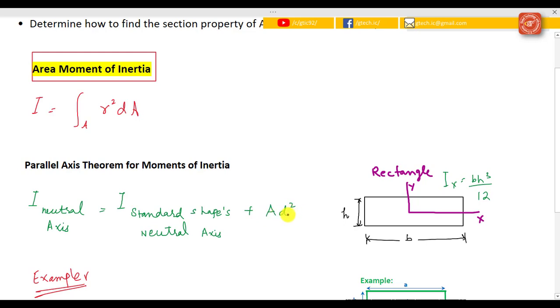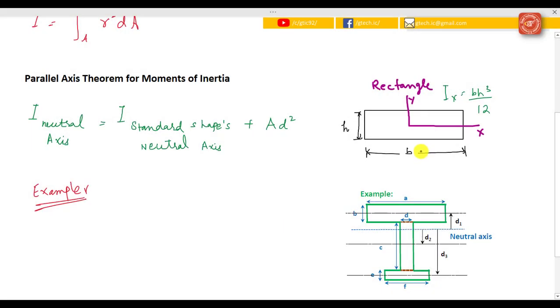So let's go ahead and do an example. Let's look at a standard shape, which is a rectangle, and if you look that up in a reference you will find that the moment of inertia about the x-axis is 1/12 times base times height cubed.